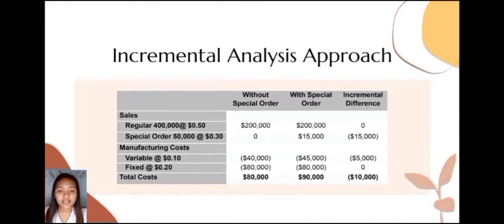So for the last item to be considered, which is, will the order affect the sales now or in the future? Since Joraki Incorporation sells its pens to various wholesalers and the special pens are for the neighboring college, it probably doesn't affect the sales of the company.